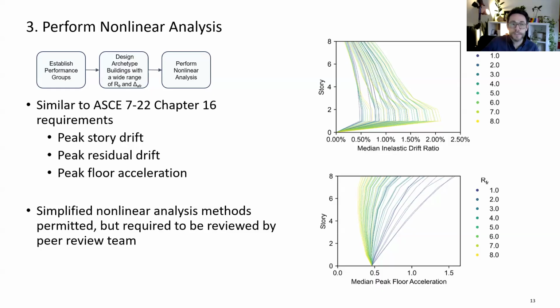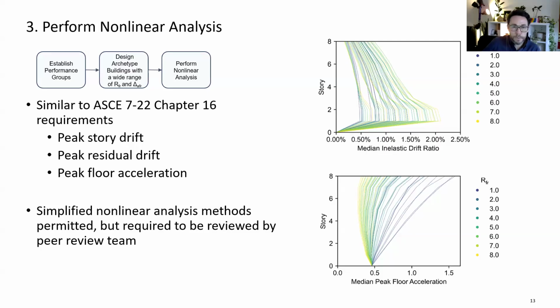For that reason, Appendix A in the NEHRP provisions allows the use of simplified analysis methods. This allowance, again, reflects the fact that many of these systems have already been studied extensively as part of FEMA P695 to develop R factors in life safety design. So we can leverage some of that work to effectively improve the efficiency of this process.